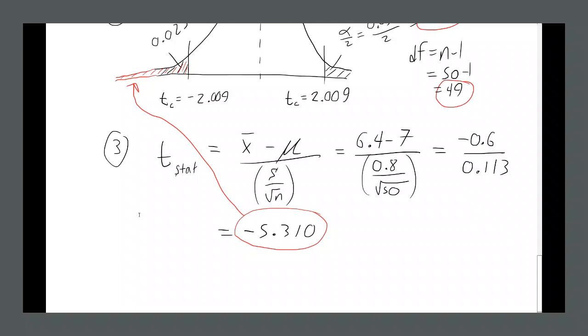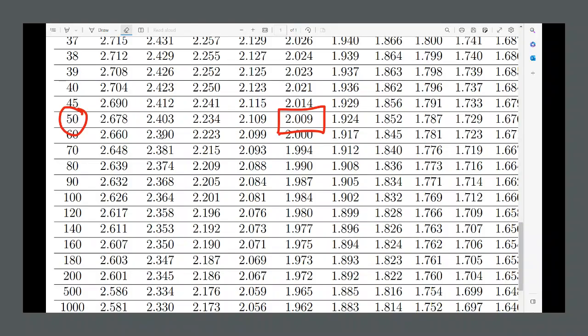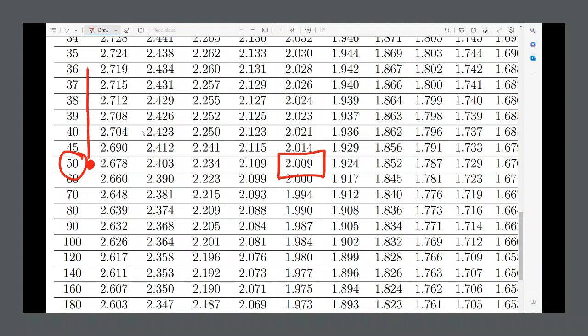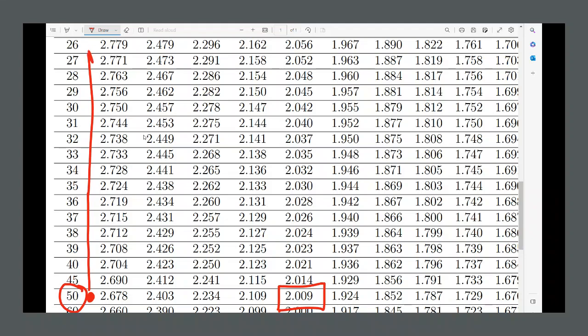Now, if you prefer the p-value method, then you'll want to look at positive 5.310 on the t-table, because the t-table only shows us positive values. If we look for positive 5.310, well, it's not even on the chart. The numbers get bigger as you move closer to the left. So at 50 degrees of freedom, positive 5.310 would be even more to the left of 2.678.